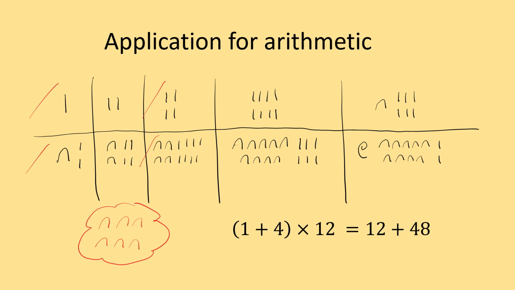If I combine those together, I'm going to get 6 groups of 10. And if I write this the way we would do this in algebra class, we would have 1 plus 4 times 12. And using what we call the distributive property, I would get 12 times 1 is 12, and 12 times 4 is 48. And so that would give me a total of 60.